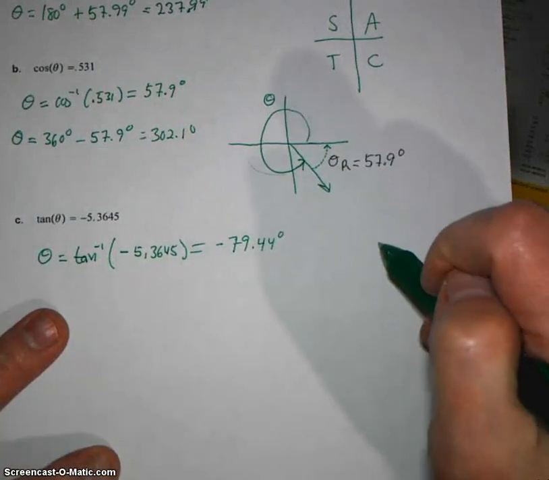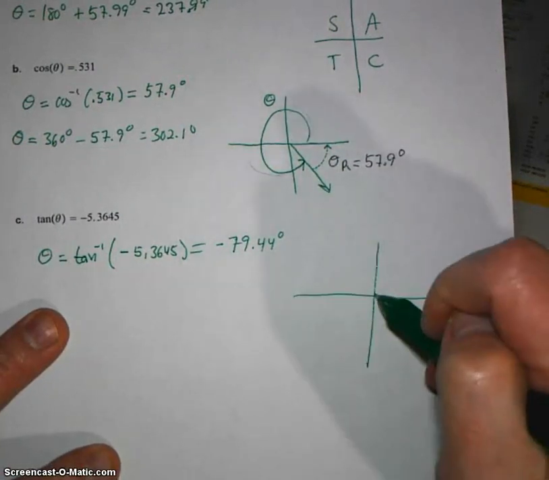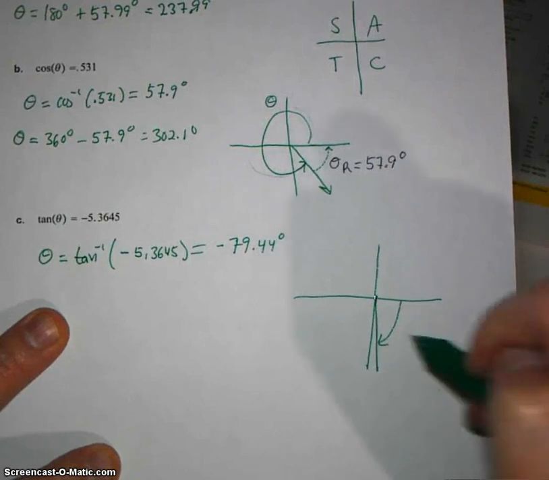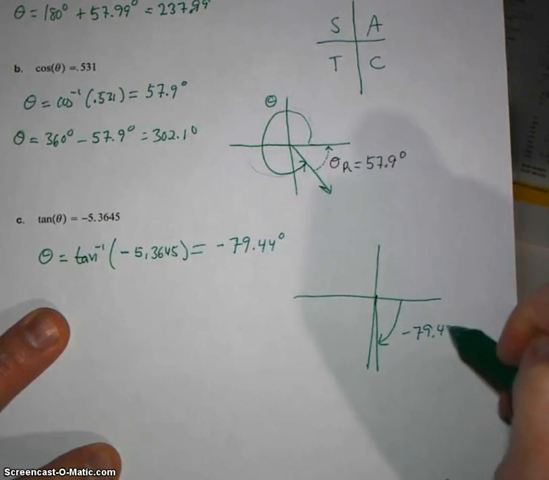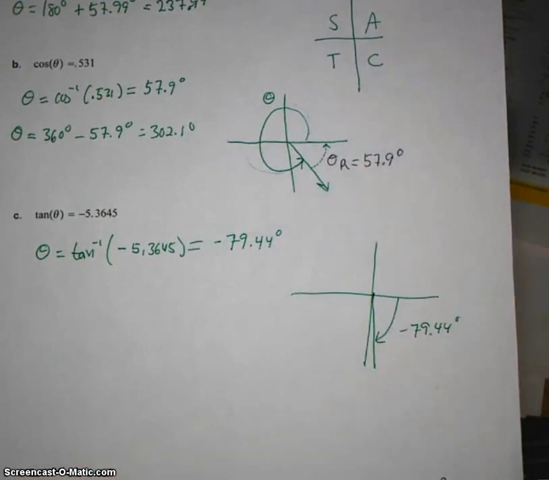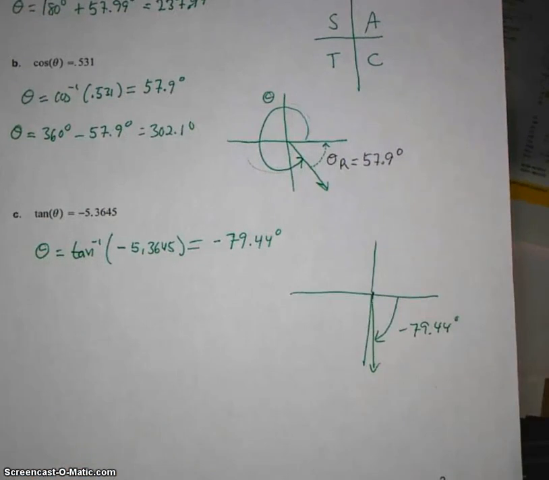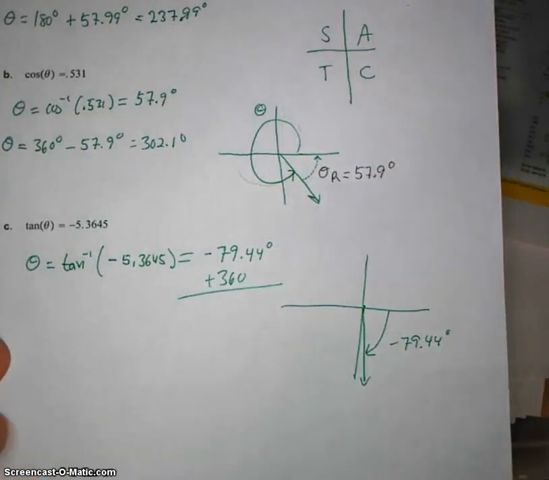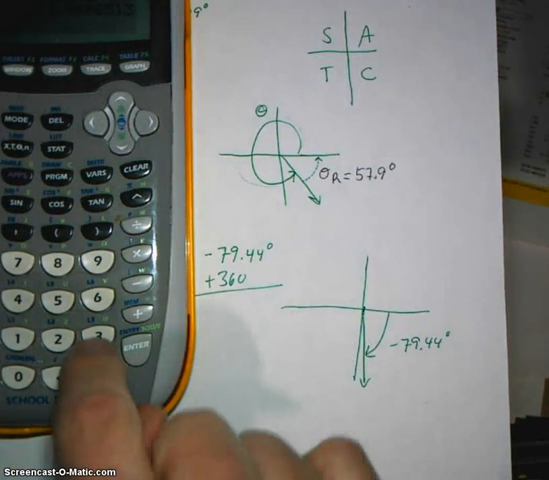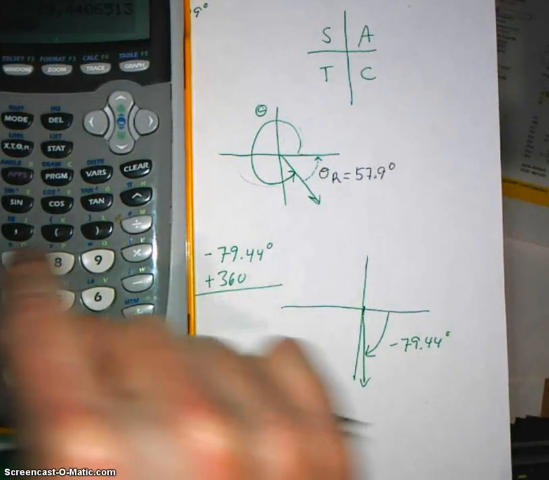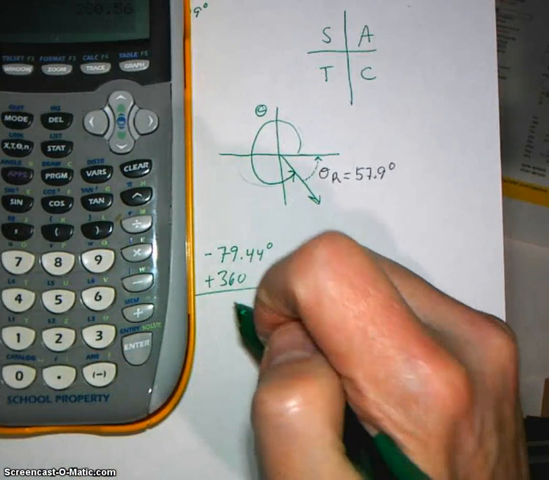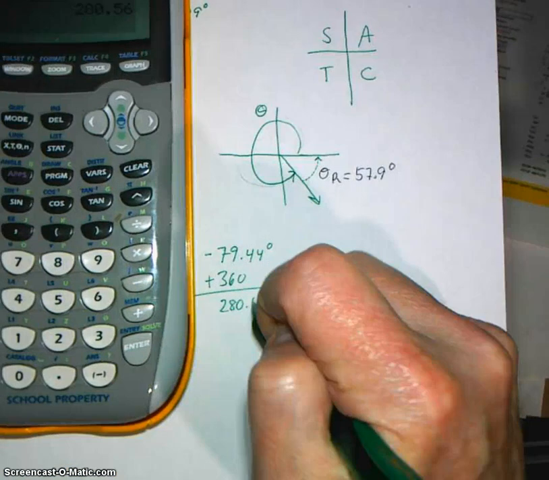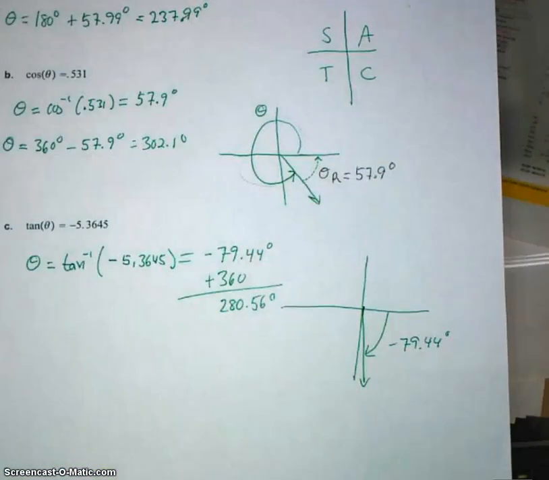And that angle is down here in quadrant 4, fairly close to negative 90 degrees. Well, we want the positive angle. So to get the positive angle, we just add 360. So 360 minus 79.44 is 280.56 degrees. There's our first answer. That's in quadrant 4.